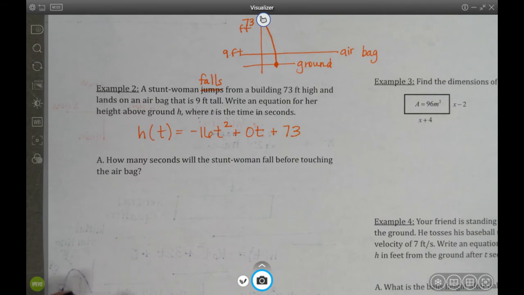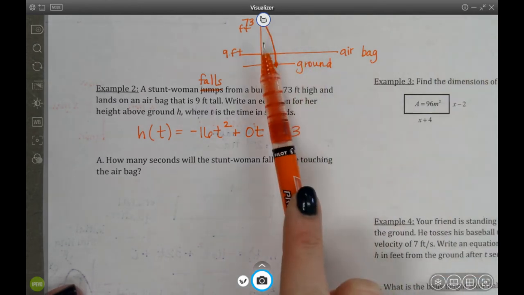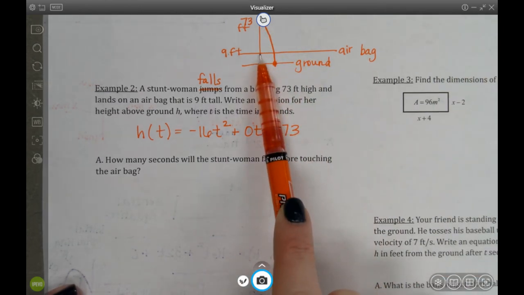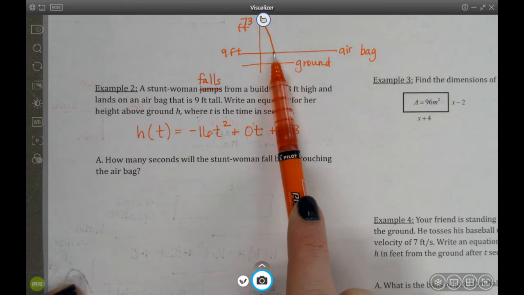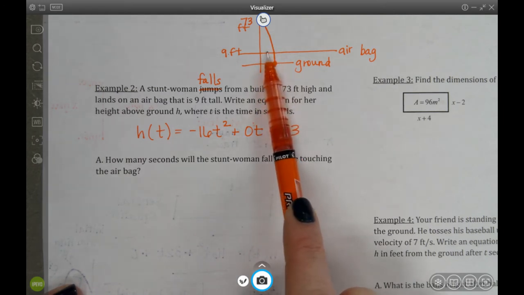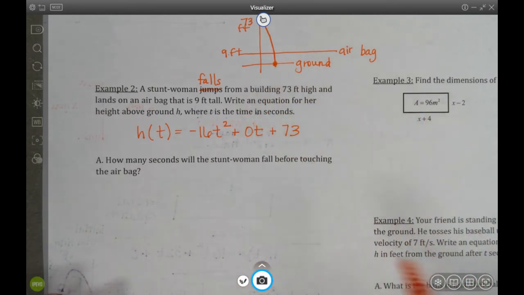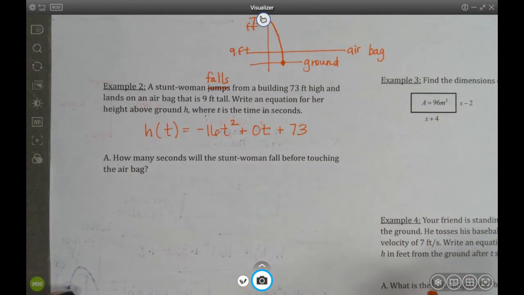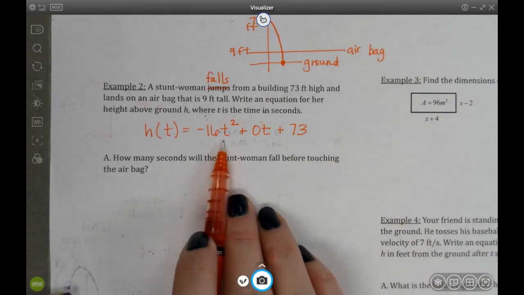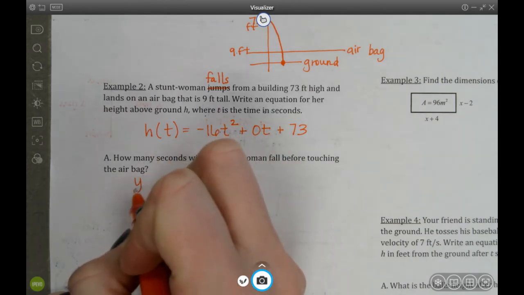So question A, how many seconds will the stunt woman fall before touching the airbag? I'm trying to figure out how much time is between 0 when she starts and right here where she hits the airbag. So again, I'm going to let my calculator do the work for me. I have my equation for her, so I'm going to type that into y1.